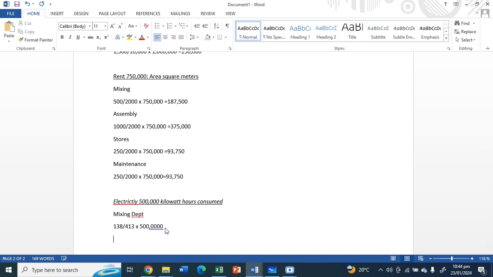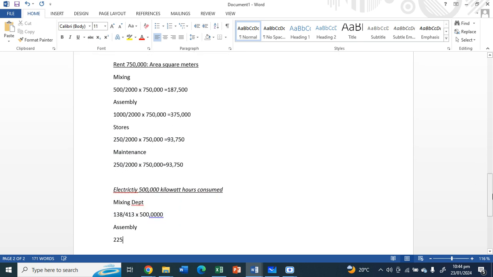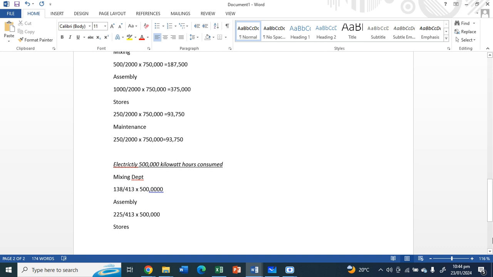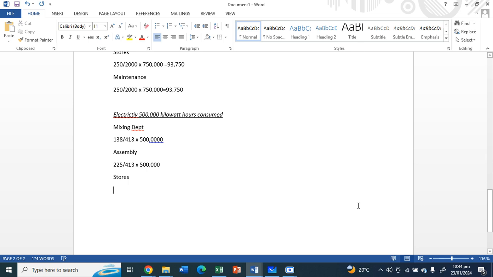Then for assembly, it's going to be 225 over 413 times 500,000. Stores, 25 over 413. So stores and maintenance, at least good things are the same. 25 over 413 times 500,000.